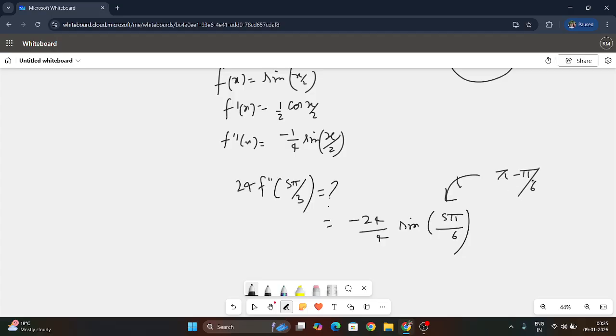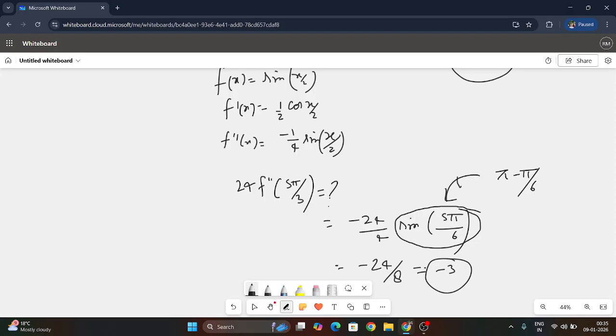So sin pi minus theta is sin theta. So basically this is sin pi by 6, and sin pi by 6 means 1 by 2, and this 1 by 4, 1 by 8, and this is going to be -24 divided by 8, and that is -3.